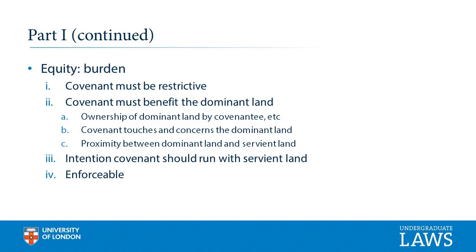That is the effect of the Land Registration Act 2002, Section 28. So, as you can see, the enforcement rules which apply to a restrictive covenant depend very much on the exact nature of the relevant transfer, and of course on whether the land is a registered or an unregistered title.